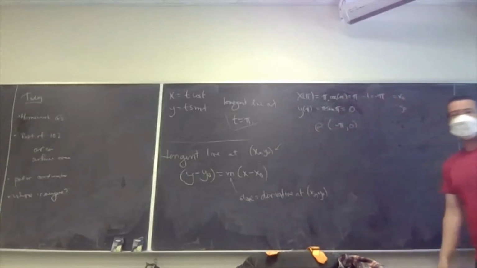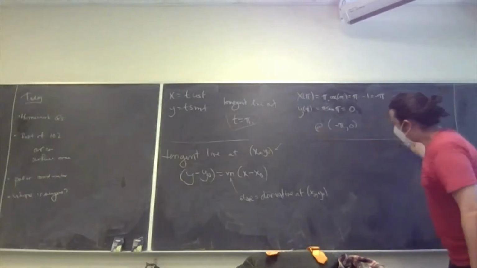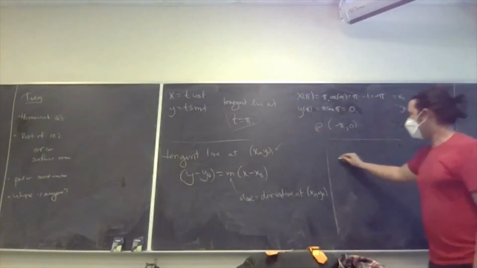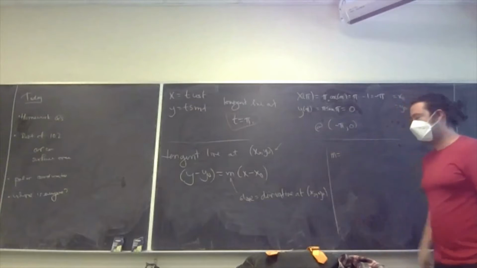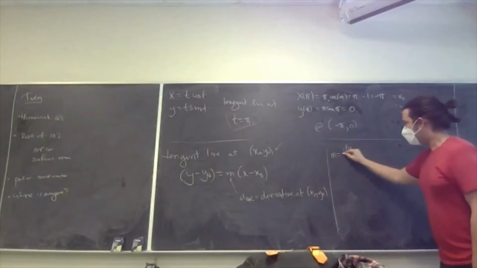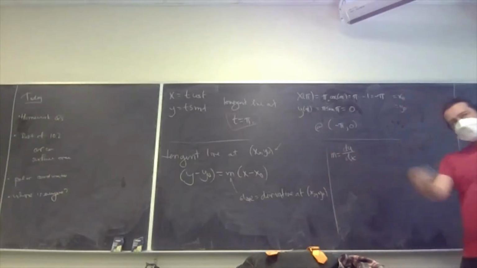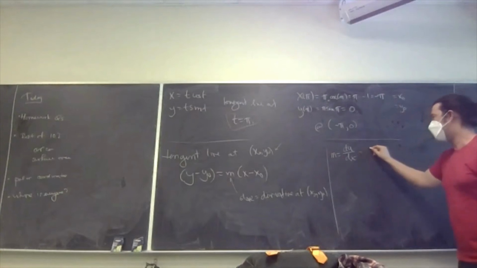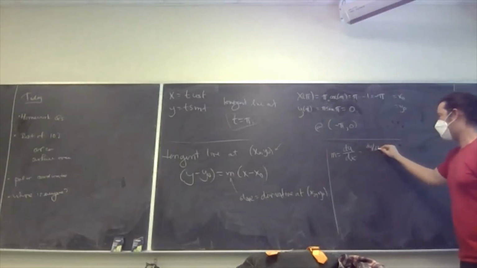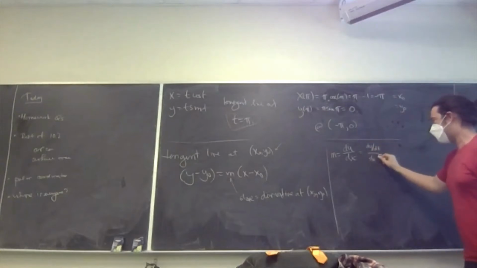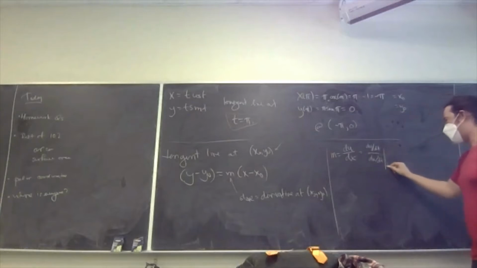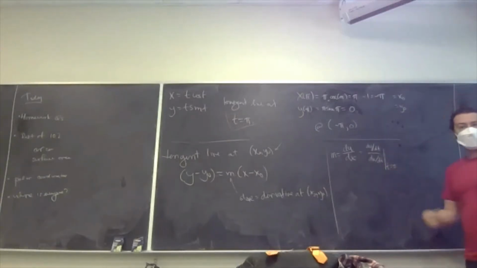At least we got that part. Find the slope. Well, m, since m comes from the derivative, is going to be dy dx, but we've got this formula parametrically, so we need to find dy dt divided by dx dt. And then we're going to take that and evaluate it at t is equal to pi when we're all finished.